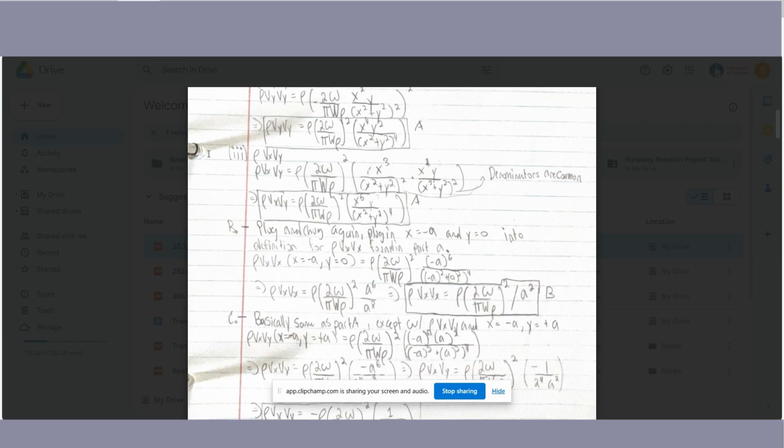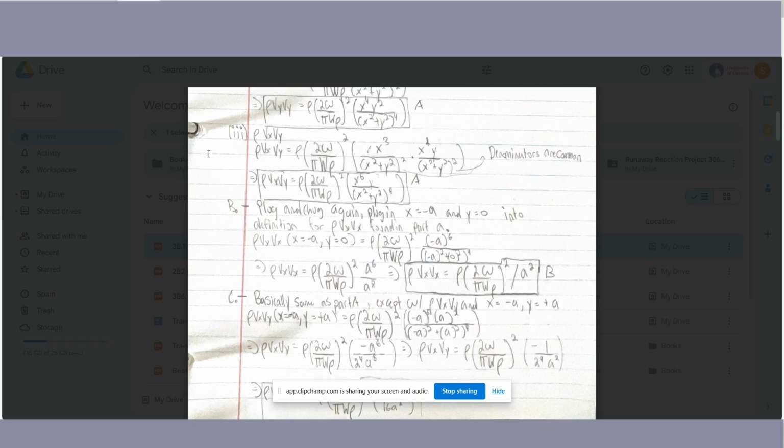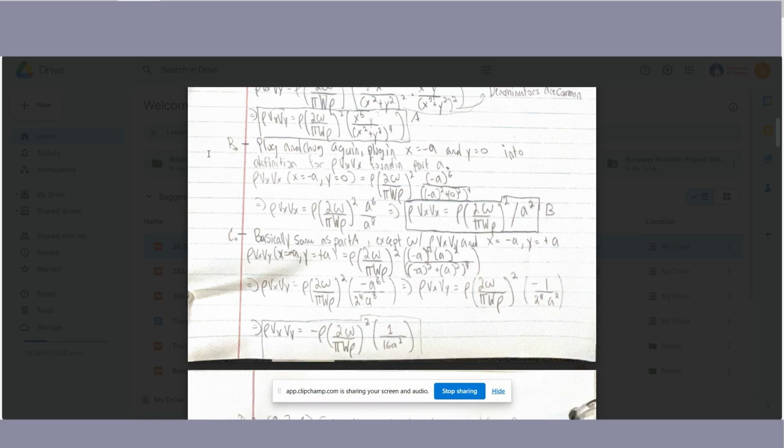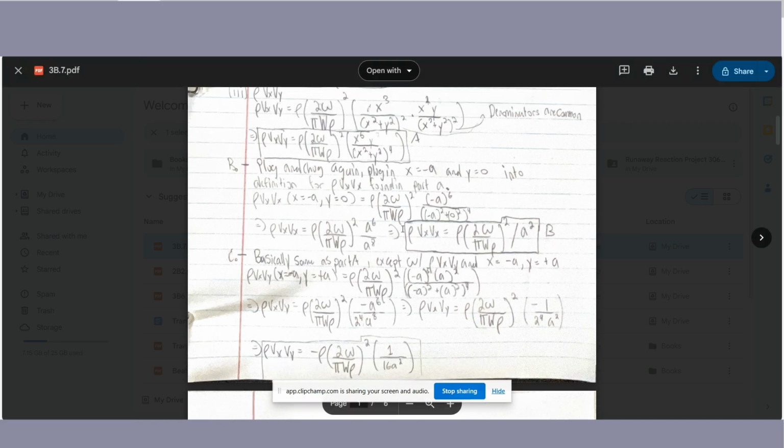Plugging in negative a for x and 0 for y. So for rho Vx Vx at x equals negative a and y equals 0, you have this equation. I'm just plugging in negative a for x, 0 for y, plug and play.